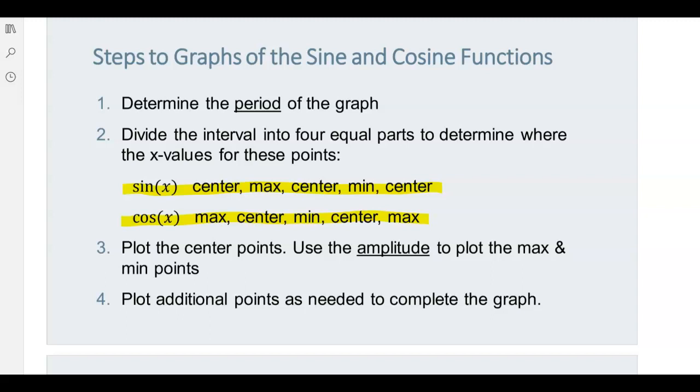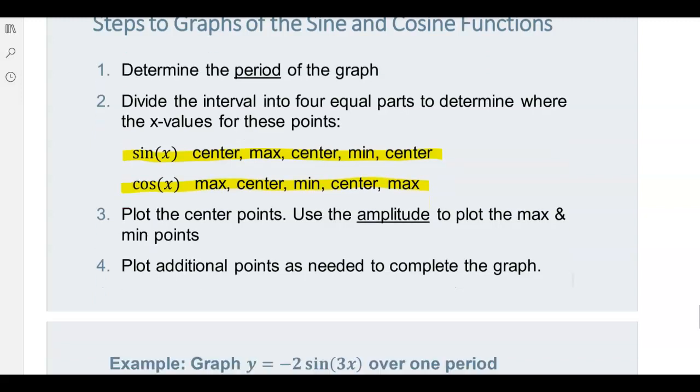Once we plot these points, the center points are going to be, in this case, on the axis. Eventually they'll be shifted. And then the amplitude will help us plot where the max and the min points are. And then if you need to smooth out the graph, you can always plug in some more points into a calculator to kind of fill everything in.